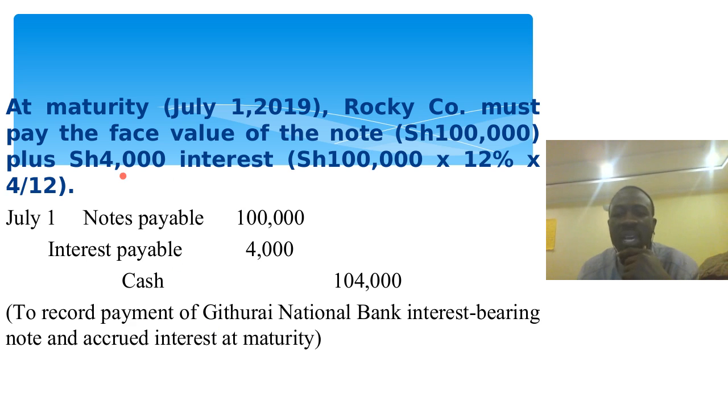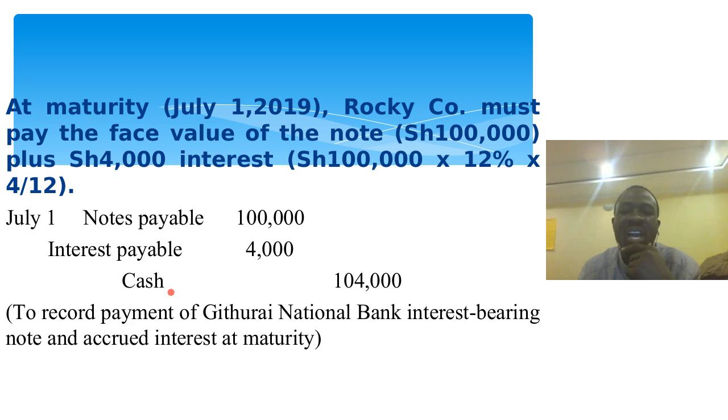Now, when the note becomes due at maturity in July, because it was for a 4-month period, we will debit the notes payable and the interest payable, and we credit cash. Remember, Rocky Company is paying cash.